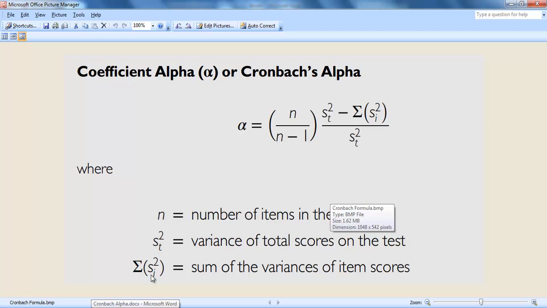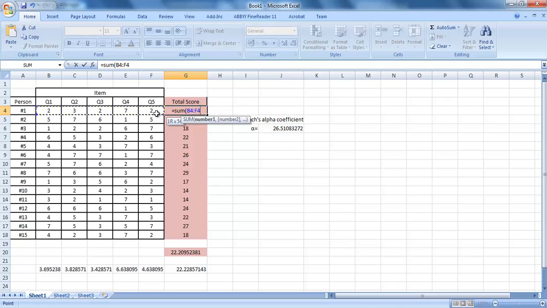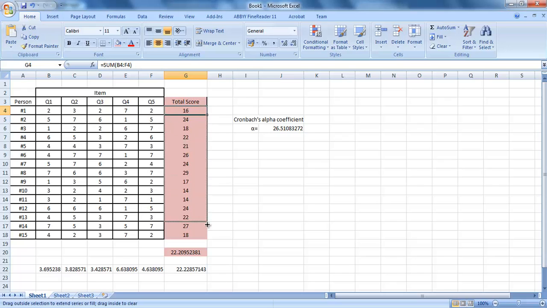So n, 5 items, n minus 1. So total scores and then the variance. Total score, sum of B4 to F4. Let us do that again. So it's not changing. G4 to G18.